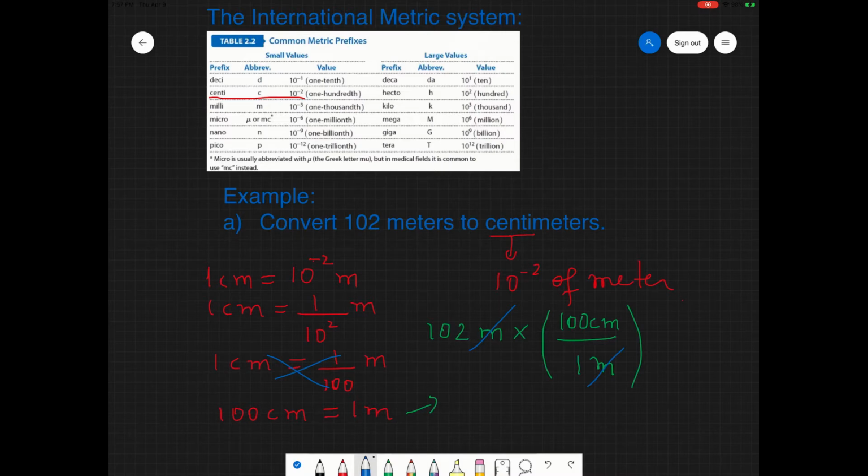Canceling the common unit, one on the top and one on the bottom, the result is 102 times 100 centimeters. So therefore we have 10,200 centimeters. So 102 meters corresponds to 10,200 centimeters.